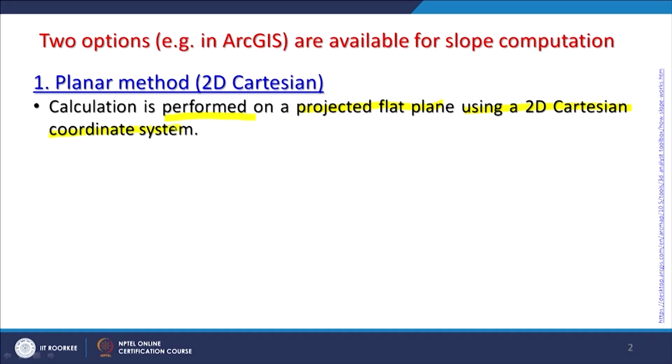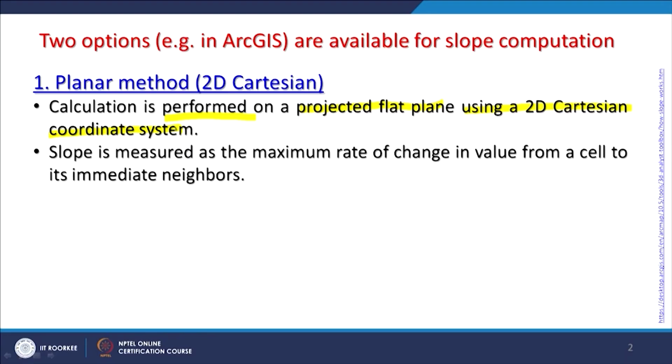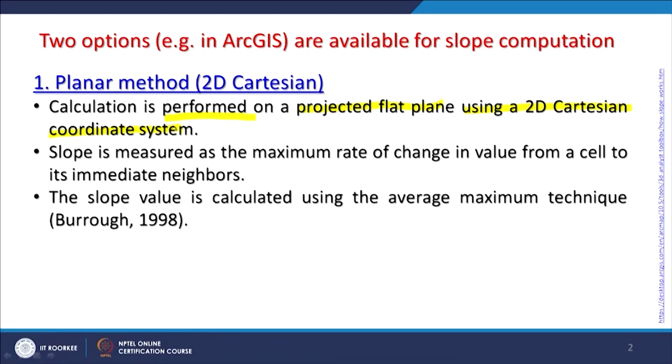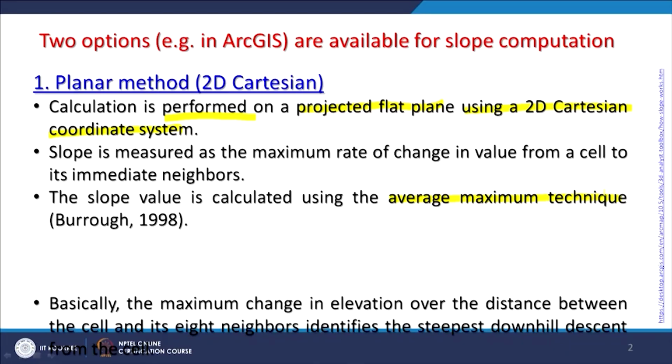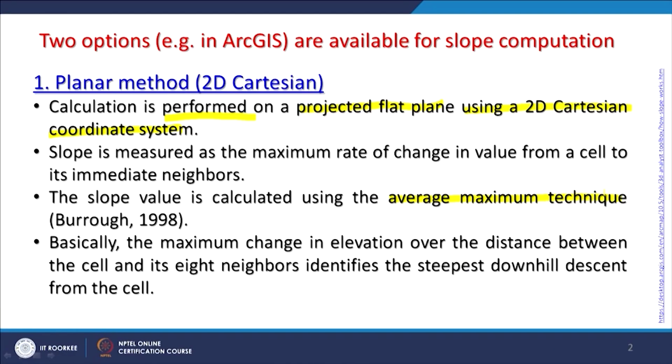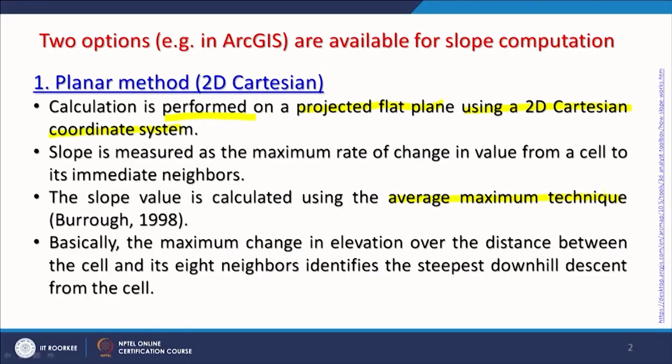Slope is the maximum rate of change in values, and the slope value is calculated by the average maximum technique, that is, the maximum change in elevation over the distance between the cell and its 8 neighbors. So, we are talking about a 3 by 3 matrix or kernel, which identifies the steepest downhill descent from the cell. It is a neighborhood analysis basically.